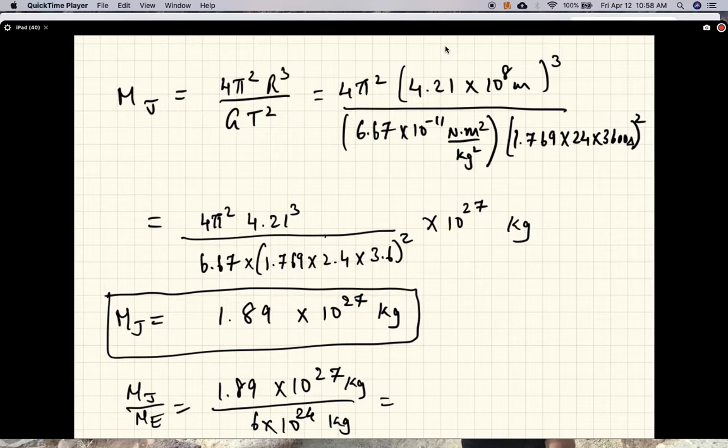That'll cancel that. So 1890 divided by 6. Okay, so Jupiter is 315 times as massive as Earth. That's what we found. Okay, that ends this problem.